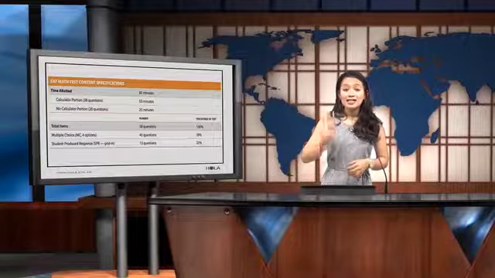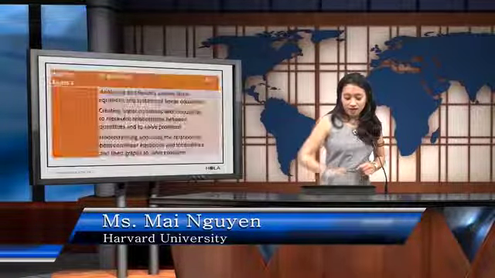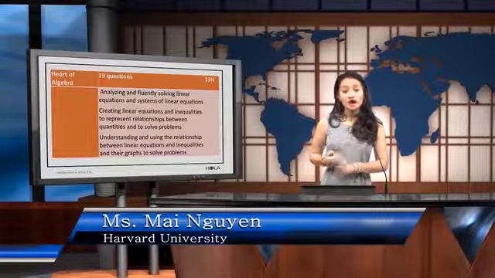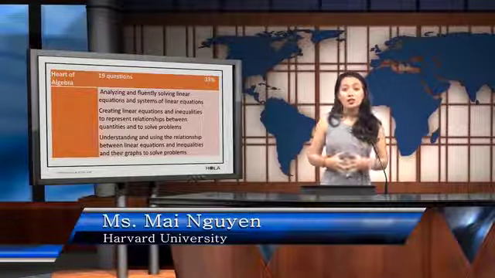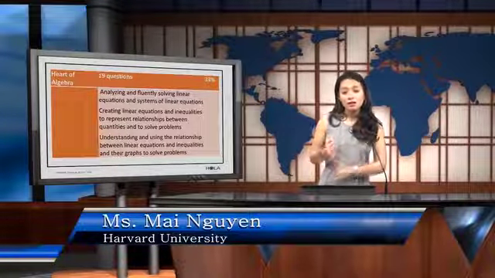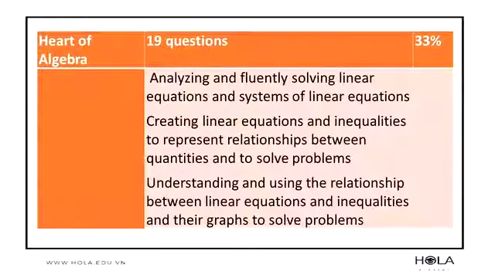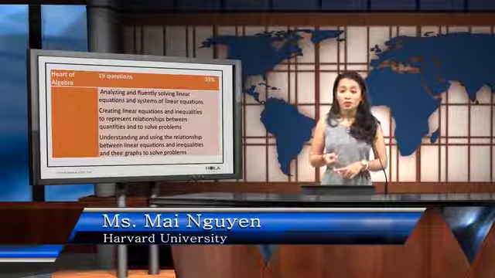There are 4 main sections in terms of content areas for the math test, and we'll go through each of them in detail later. For now, all you need to know is that the first section is called Heart of Algebra, and truly to its name, it covers linear algebra, linear equations, systems of linear equations, and anything else related to algebra and basic arithmetic that you might study throughout middle school and high school.